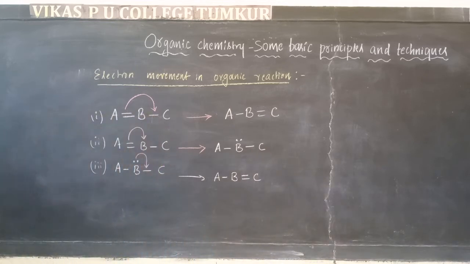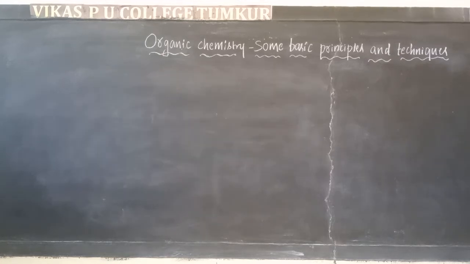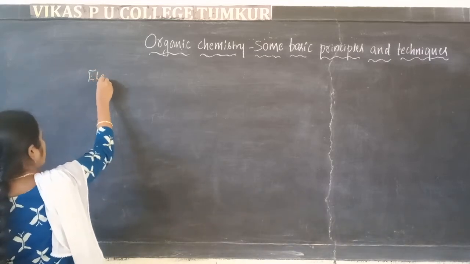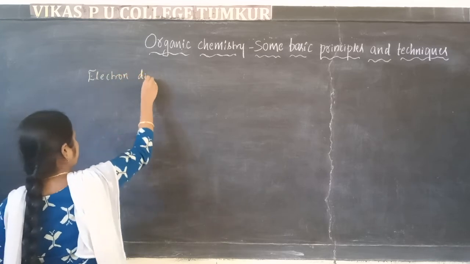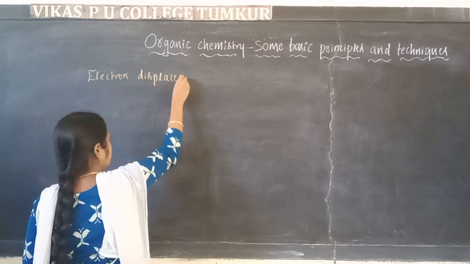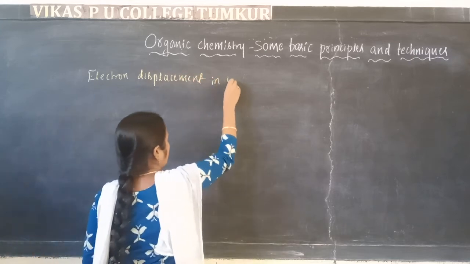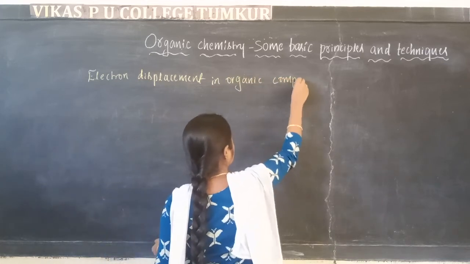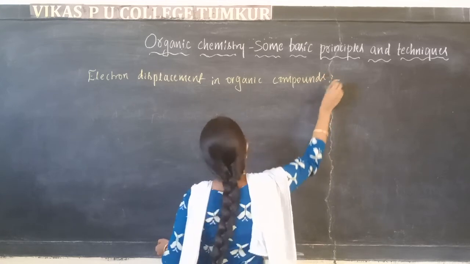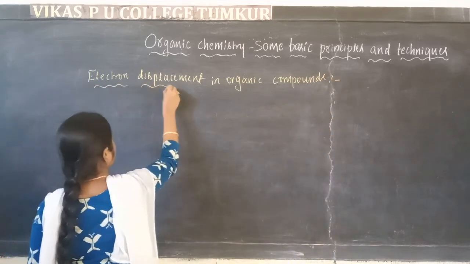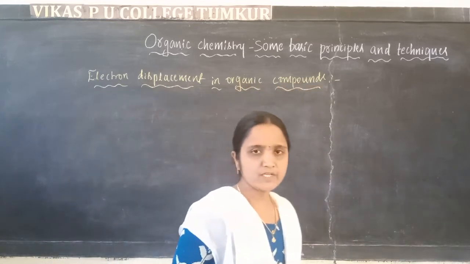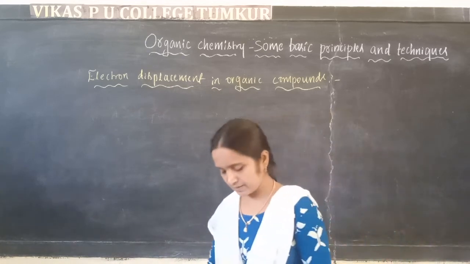Electron displacement in organic compounds can be explained in 4 different ways.